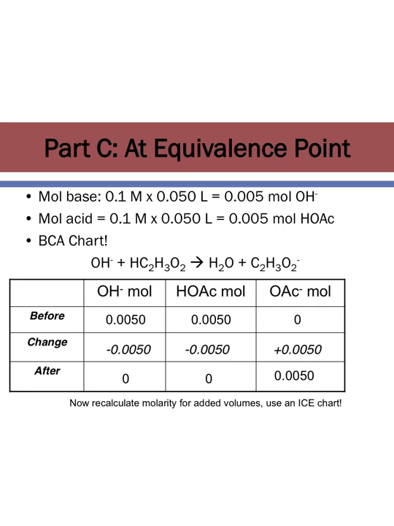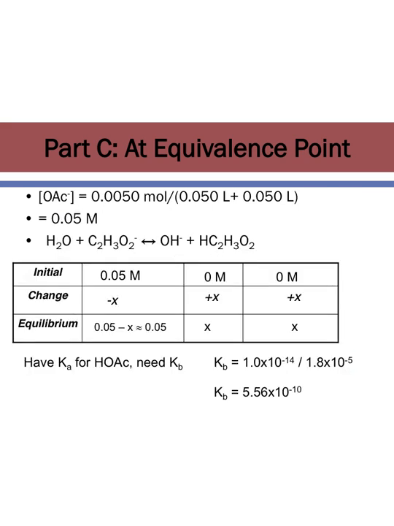All right, these next couple of slides just show that whole problem reworked again. In case you want to see anything, you can pause it and look at it. You found the moles of the acid that were present. You found the moles of base that had been added. We then used stoichiometry to figure out how much of our salt had been produced.